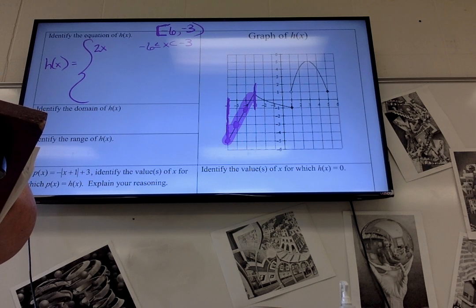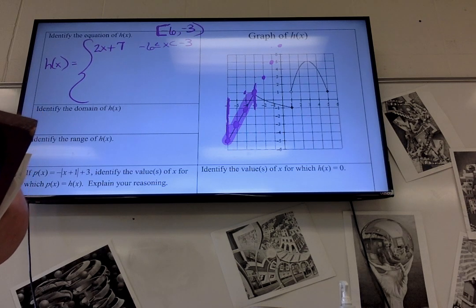And if I continue to do that, up 2 over 1, up 2 over 1, up 2 over 1, up 2 over 1, I would know it would cross at 7. So it would be 2x plus 7. Remember, b is the y-intercept. That's not the only way to do it, but that's one way. Lots of different ways.